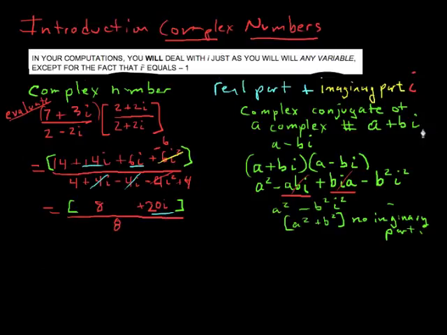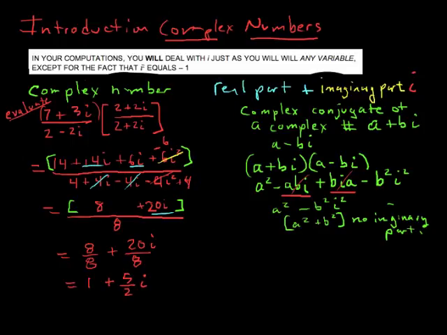Well, again, we're treating i like a variable. So this is equal to 8 plus 20i over 8. That's 8 over 8 plus 20i over 8. Oh, look at that. Real part, imaginary part, boom, equals 1 plus 20 over 8 reduces to 5 over 2 i.